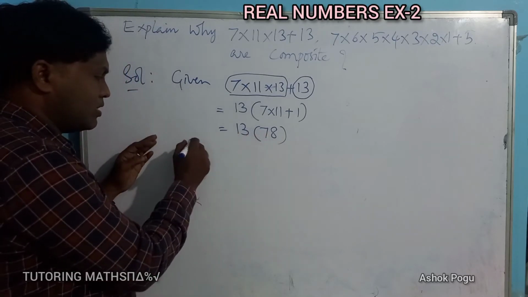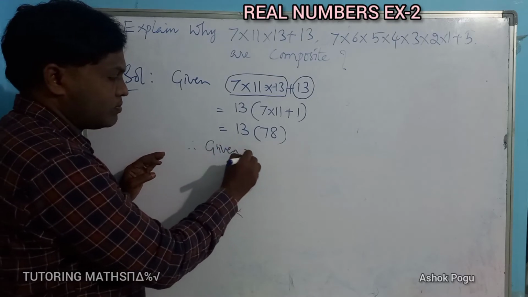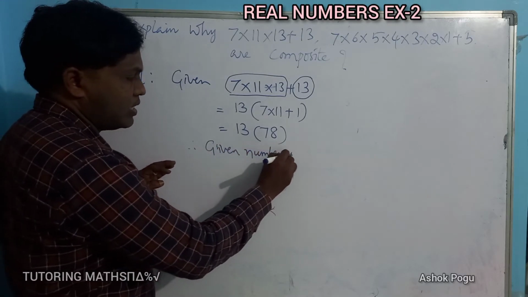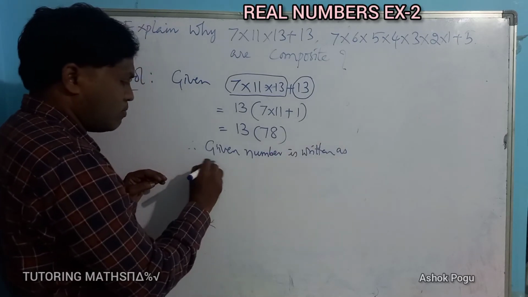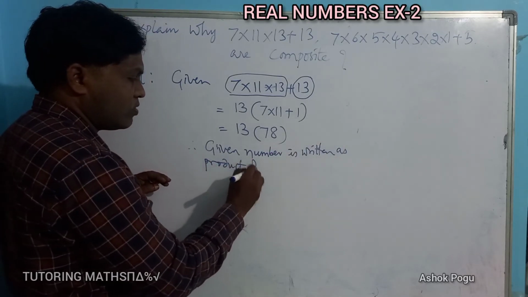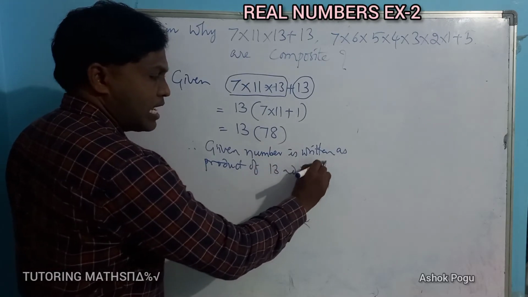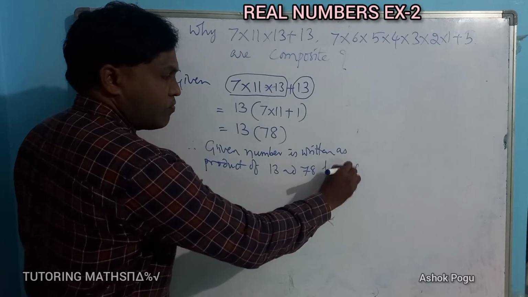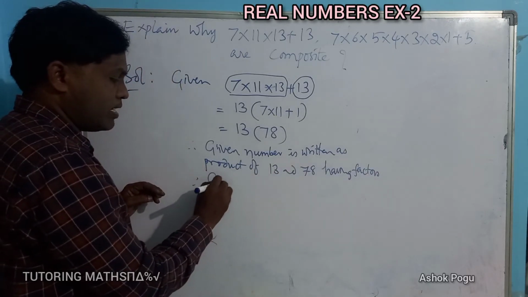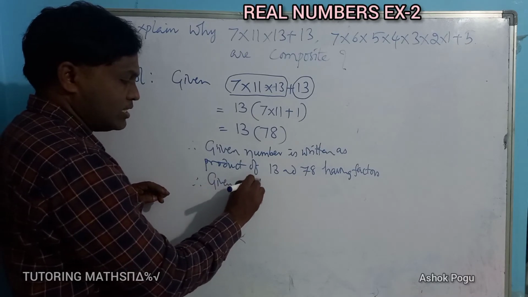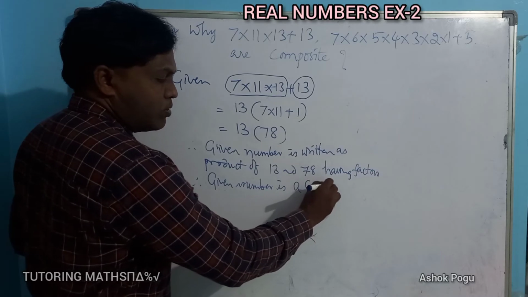It means therefore the given number is written as the product of 13 and 78, having more factors. So therefore the given number is a composite number.